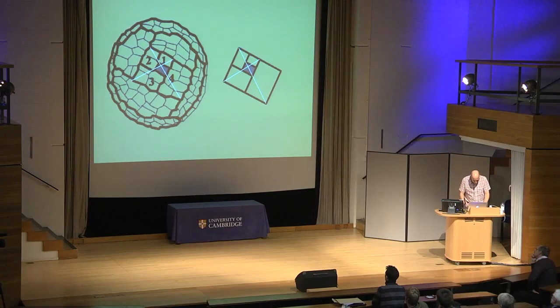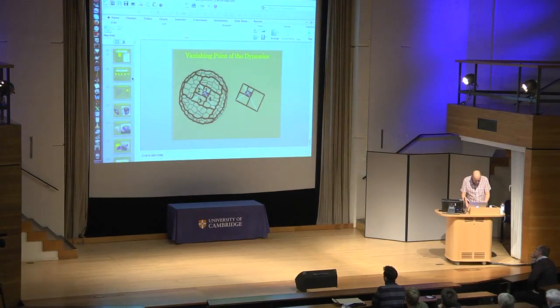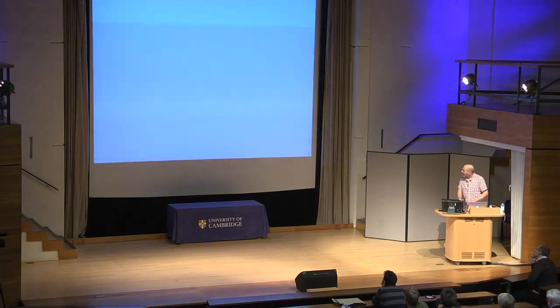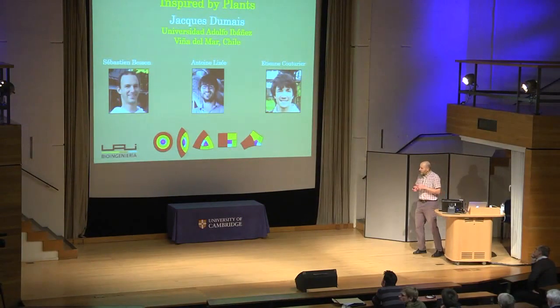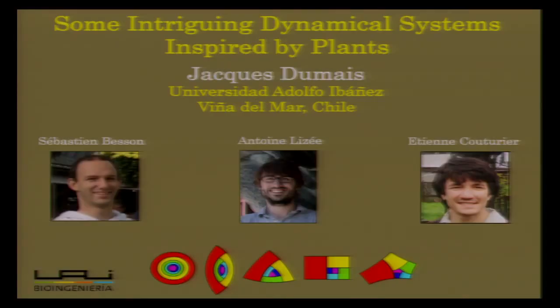Okay, so I forgot to mention at the beginning the people who did this work. So I'm just going to step back here. The work started many years ago, 7 years ago, and it was led by Sébastien Besson. A lot of the early work that I described was done by a postdoc, Sébastien Besson.